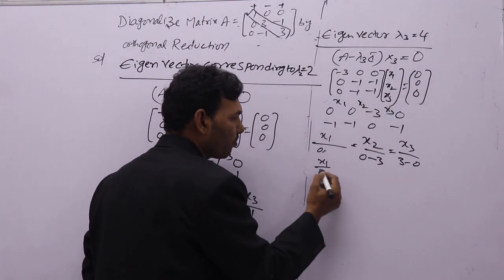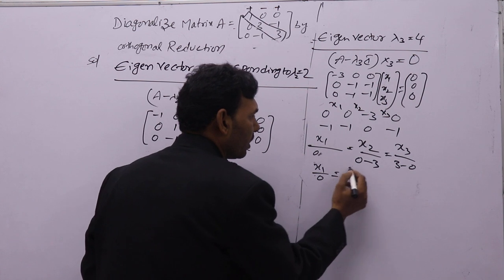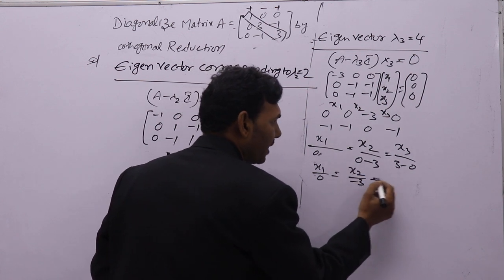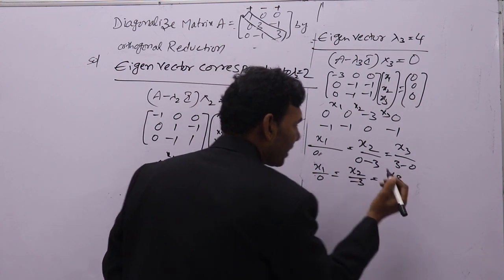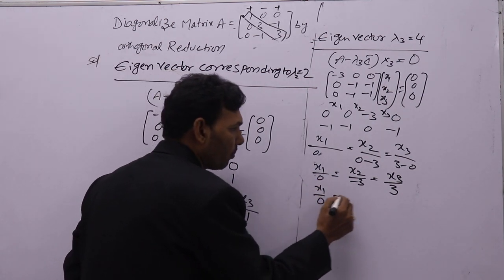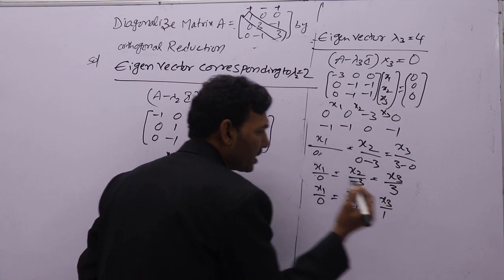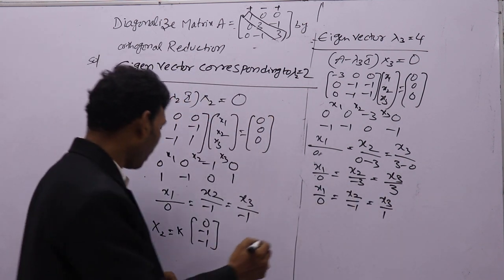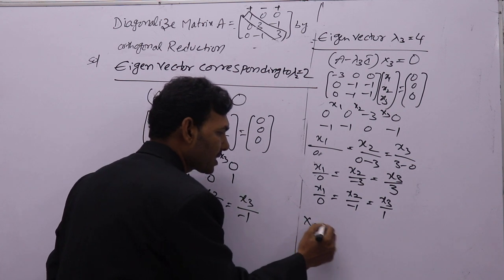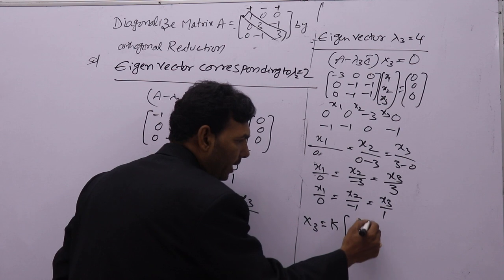So x1 by 0, x2 by minus 3, x3 by 3. Now cancel with 3: x1 by 0, x2 by minus 1, x3 by 3 ones are 1. So the third eigenvector is x3 equal to k times 0 minus 1 1.